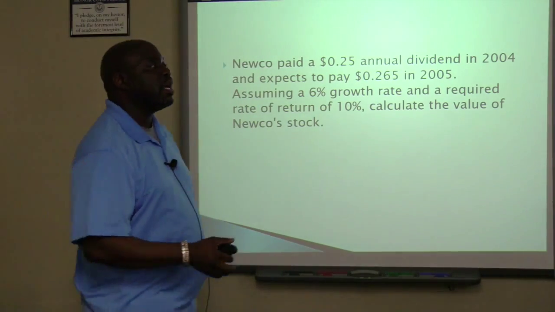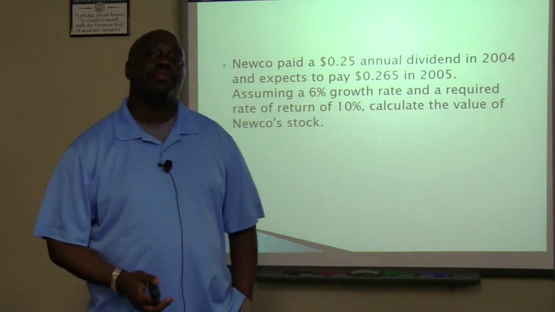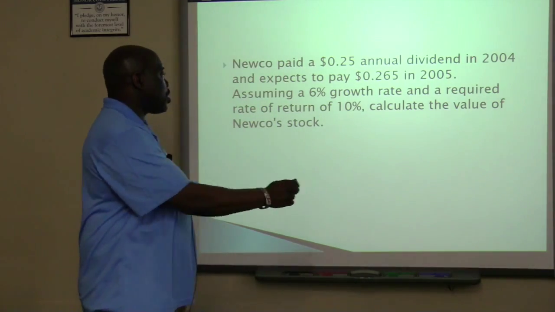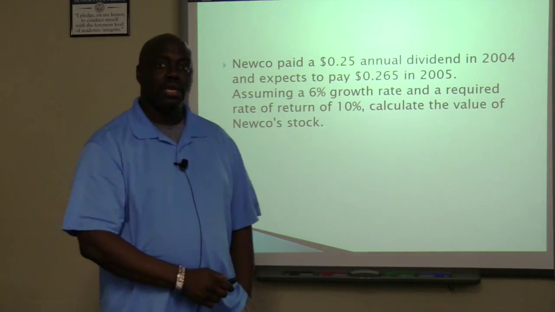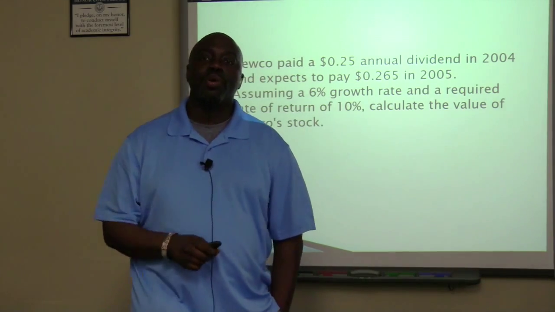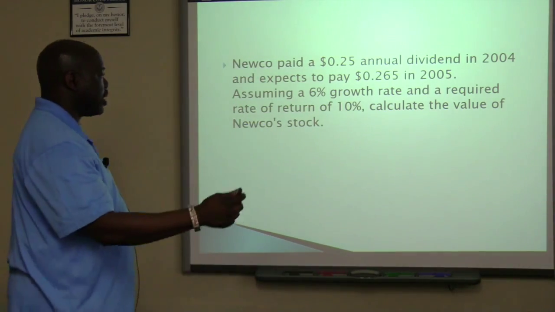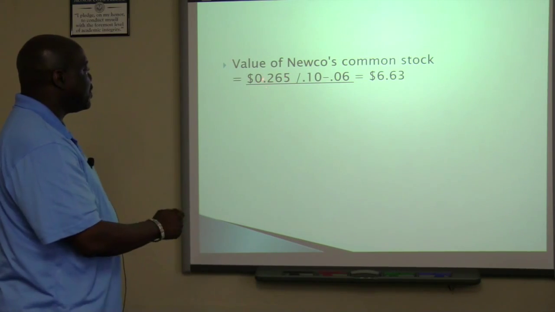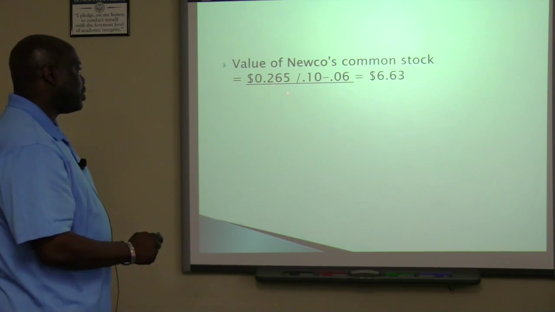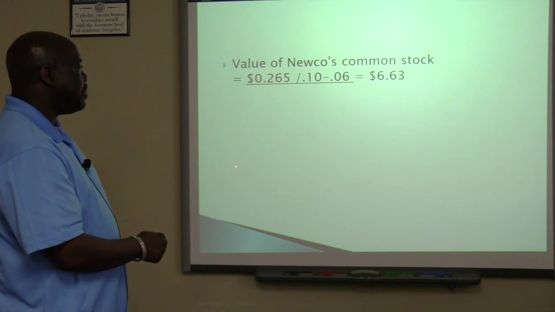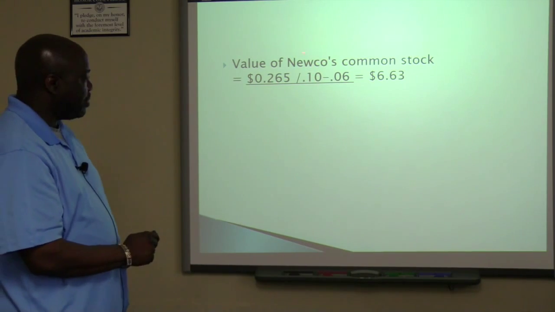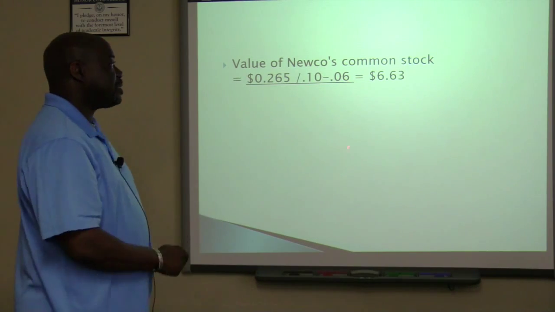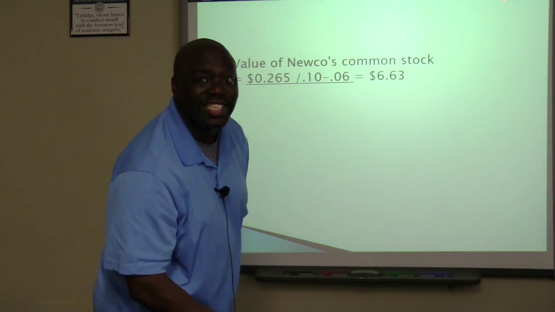Well, if you think about it, when you're doing something in life, do you want to look backwards or forwards? So when they're talking about they're expecting to pay, you'd always want to go with the next dividend formula. So we have the dividend, 26.5 cents, divided by our required rate of return of 10% minus its growth rate, 6%. The value of the stock right now is $6.63.